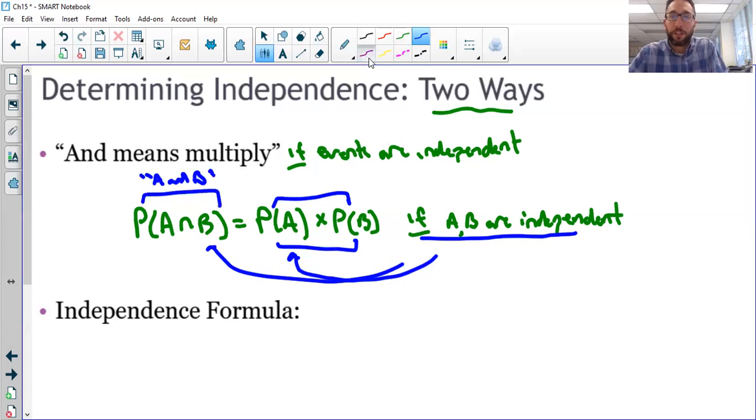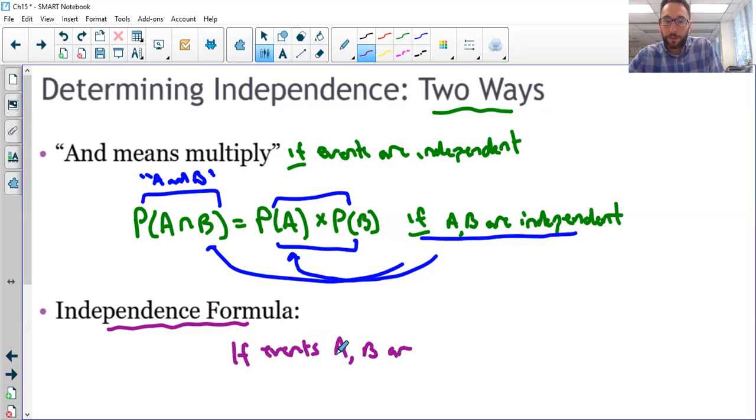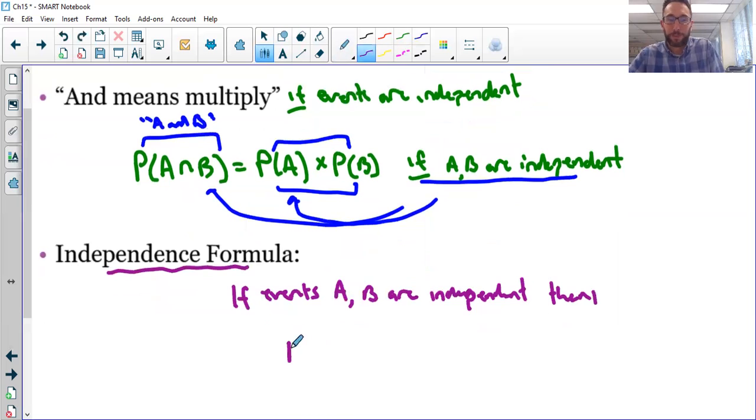The other option we have is to use what's called the independence formula. And so the independence formula says, if some events A and B are independent, sorry, I know that's sloppy, but you know what it says. If events A and B are independent, then the probability of A should equal the probability of A given B. Essentially, what we're saying is that given B didn't even matter.